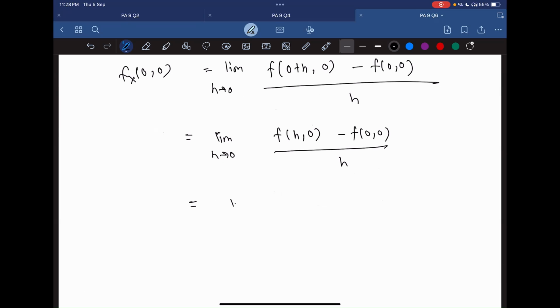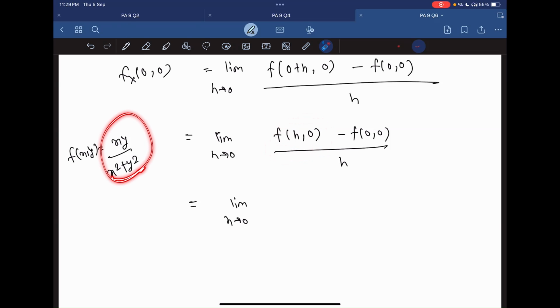Now f of h comma 0, our f was defined as x square plus y square when x comma y is not equal to 0 comma 0, and 0 when x comma y is equal to 0 comma 0. Here x comma y is not equal to 0, so we will use this definition, and with that this value also comes out to be 0, and f of 0 comma 0 is already 0.